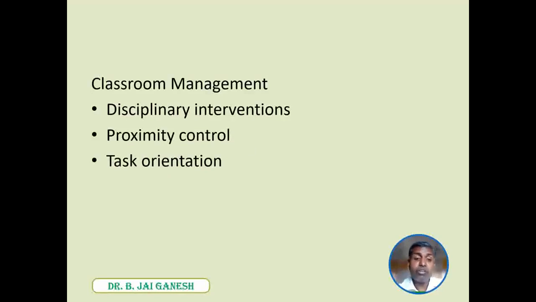This is another important area to be considered for effective classroom teaching. In that, we have to discuss three things. The first one is, as usual, disciplinary things. The second one is proximity things. Then task oriented. On the whole, we have to look at how the teacher manages the classroom and the students' behavior through positive reinforcement. For example, disciplinary interventions mean we are not supposed to give punishment.